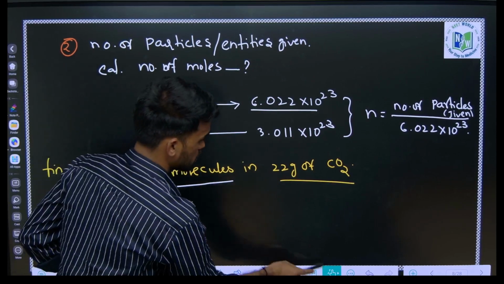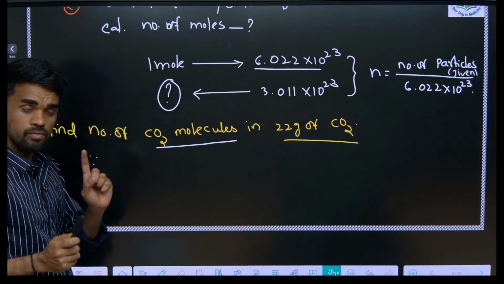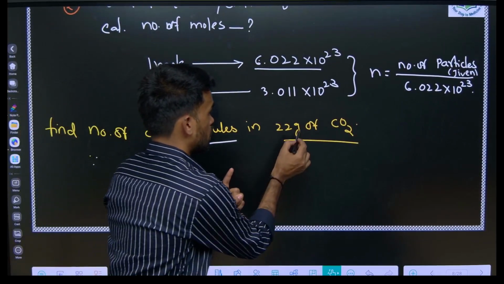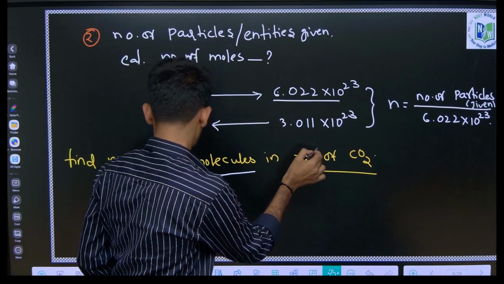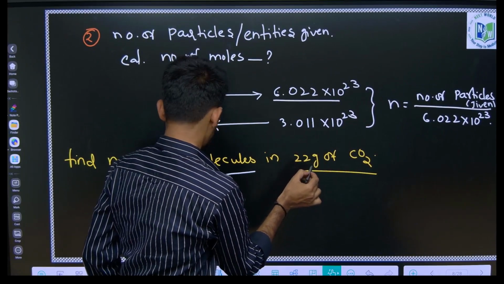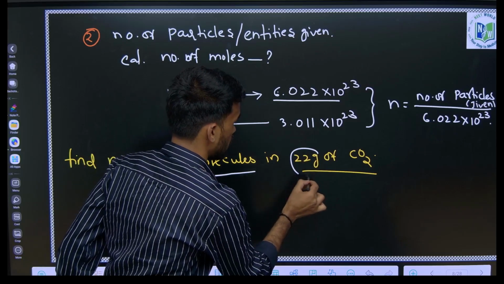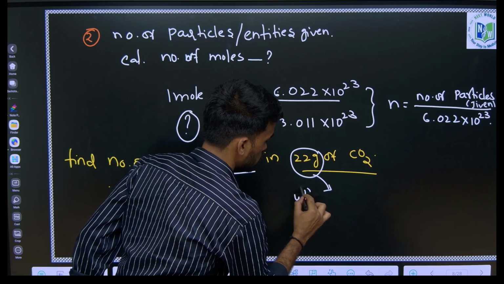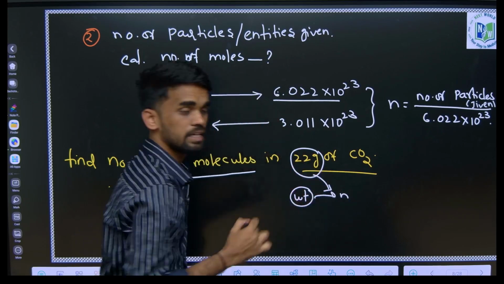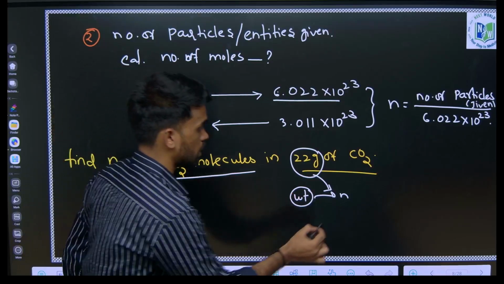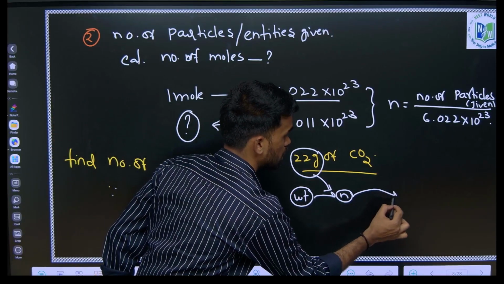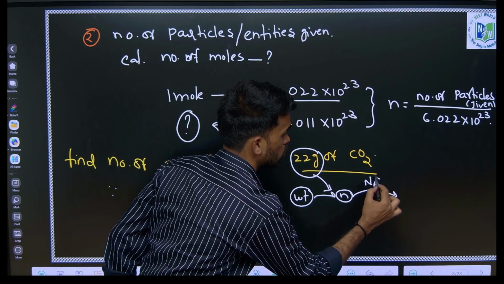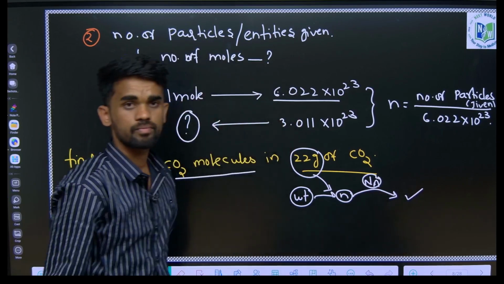So how do we do this? The first step is to convert the given weight into number of moles, that is n. After converting into n, multiply this n with the Avogadro number, and we are going to get our answer.